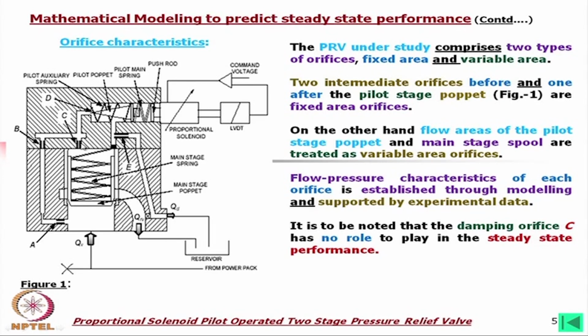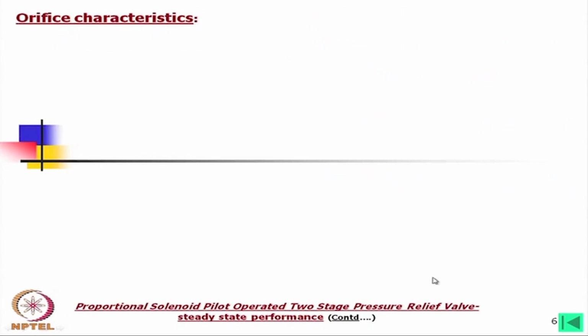If we remove this, you will find it takes much more time to stabilize. However, this has no role in steady state performance, so we have not studied it in this analysis.